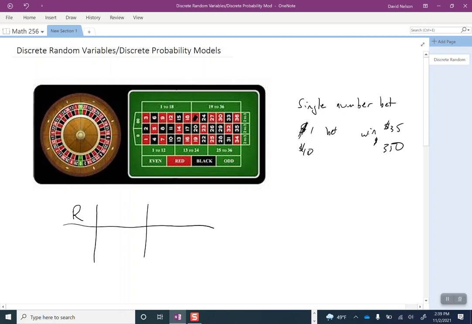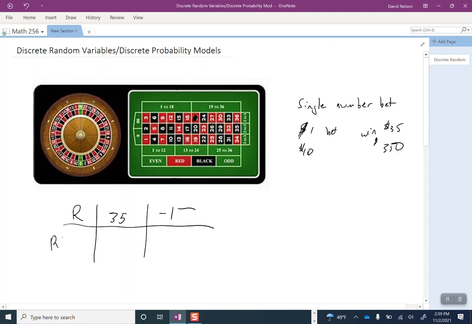But let's just do $1 to start with. If you win, you're going to win $35. And if you lose, you're out $1. So you're either up $35, you made a $35 gain, or you're out $1. So those are the two possible options.